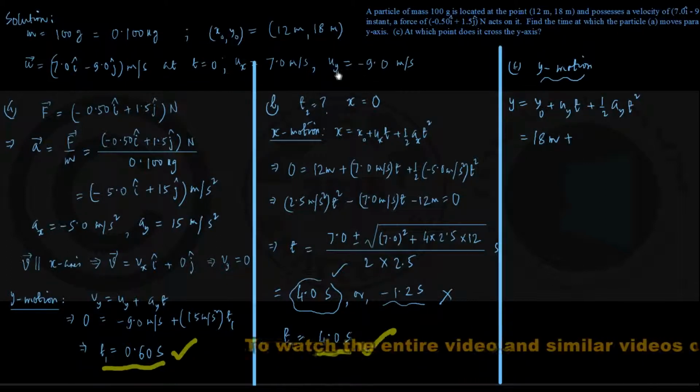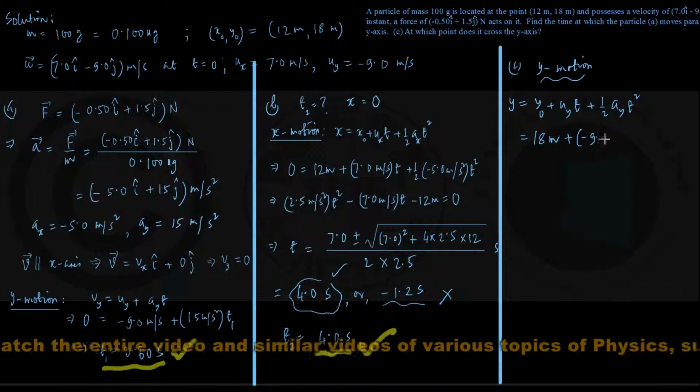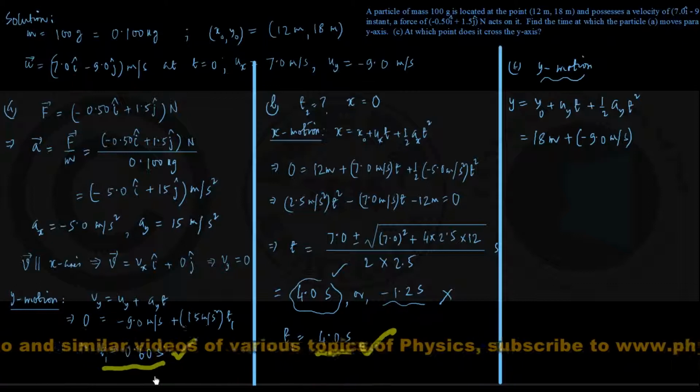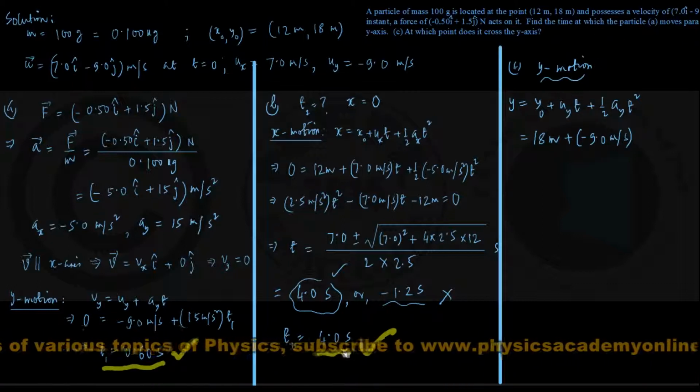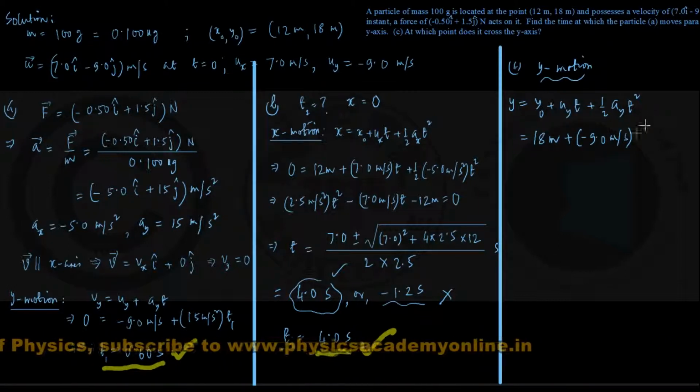plus uy. Uy is minus 9 meters per second. So it is minus 9.0 meter per second into the time at which the particle crosses y-axis, already found out in part B, that is t2, 4 seconds. Let's put this value here.